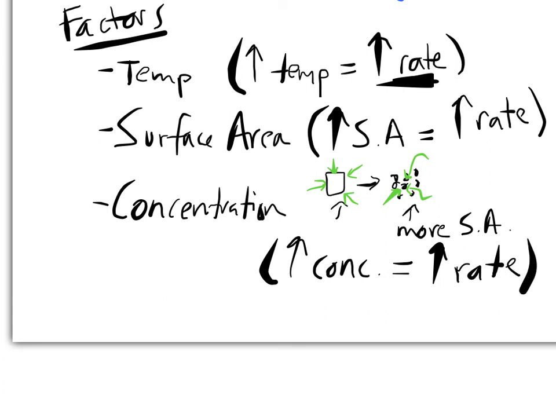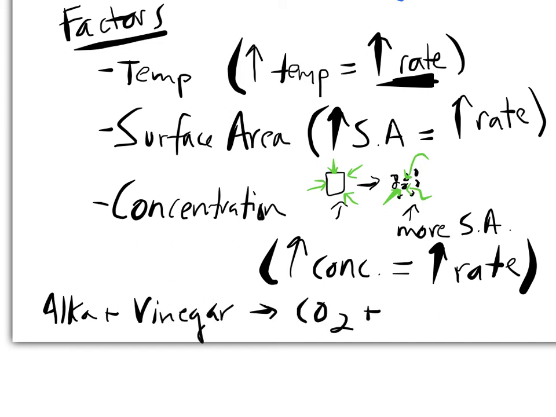If you had that same reaction of Alka-Seltzer plus vinegar, making carbon dioxide, water and sodium acetate, imagine instead of having one tablet, you had 4 tablets. The concentration of Alka-Seltzer increased because you have more of it, so there's going to be more of it to react, which means there's going to be more collisions, which means the rate is going to increase.